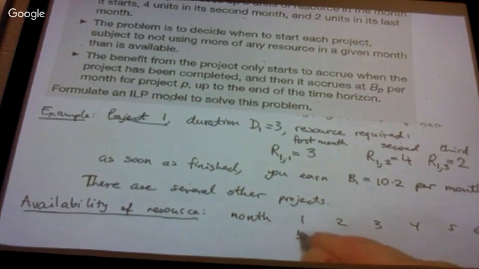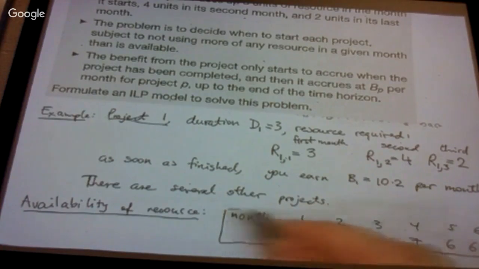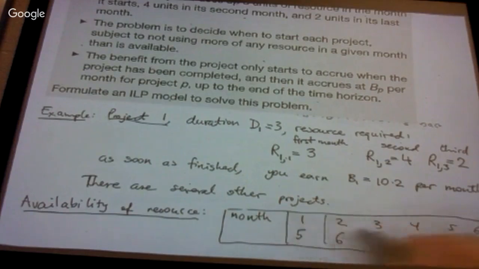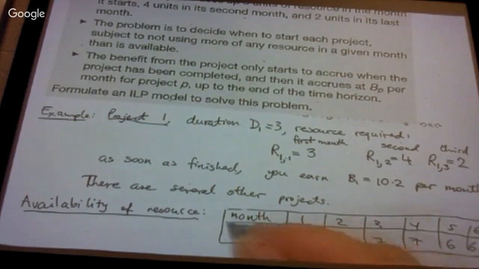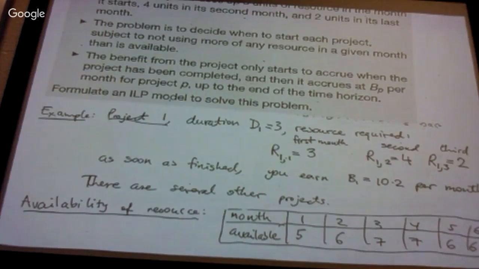So in the first month, it's 5, then it's 6, then it's 7, and 6, and 6. As an example.